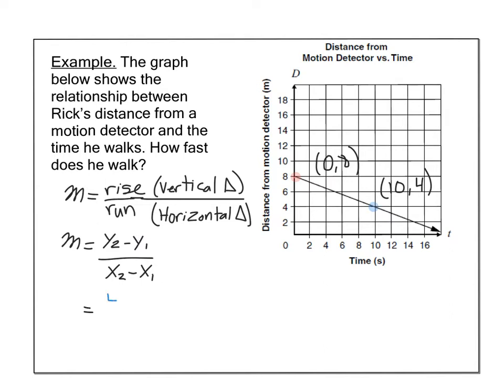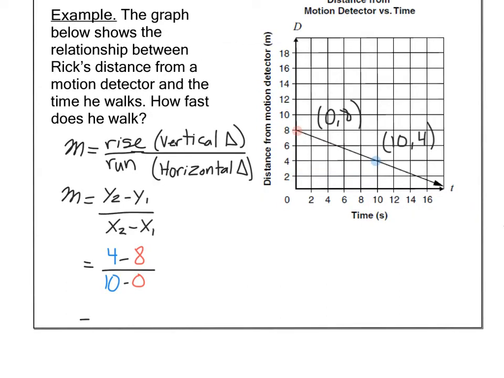So my y there is 4, and I'm going to be dividing that by the 10. So I've written in my y value for my first point, and they're both going to be subtracted, and my red point is going to be my x1 and y1 values, and my y1 is 8 and my x is 0. So 4 minus 8 is negative 4 divided by 10, and that is our slope.